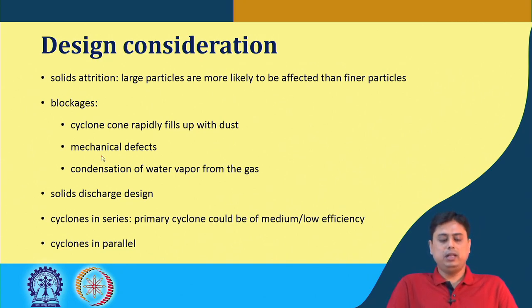This physical property change can be, for example, condensation of water vapor from the gas, which leads to some sticky material. If the surface property of the solid particles is such that they stick together, it forms agglomeration, big chunks of solids form together. In that case, it can block some portions of this flow zone.